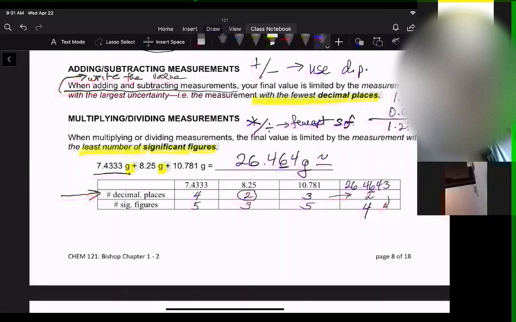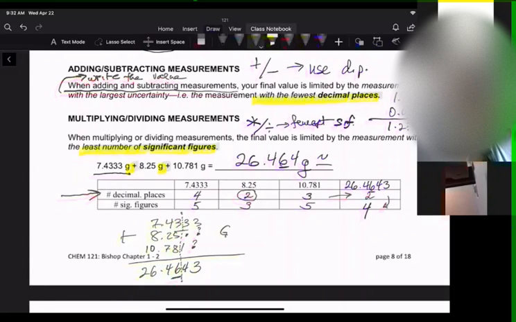Okay. We can always think of writing it like 7.4333 plus 8.2543. Now, we don't have the numbers here or here or here. We don't know what those are. That means we only know where there are numbers.